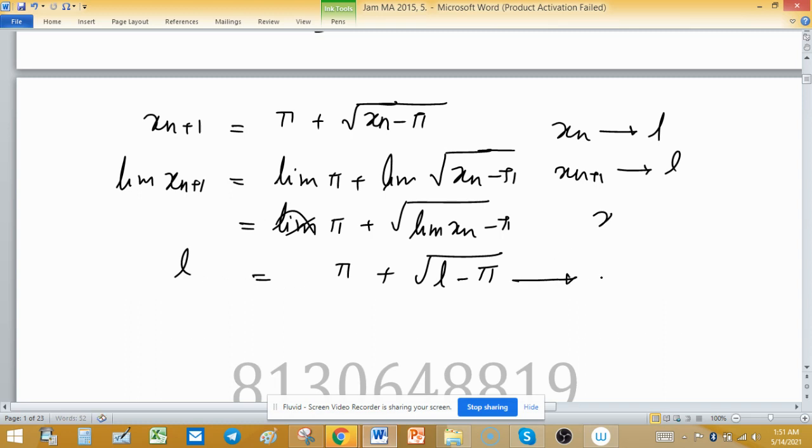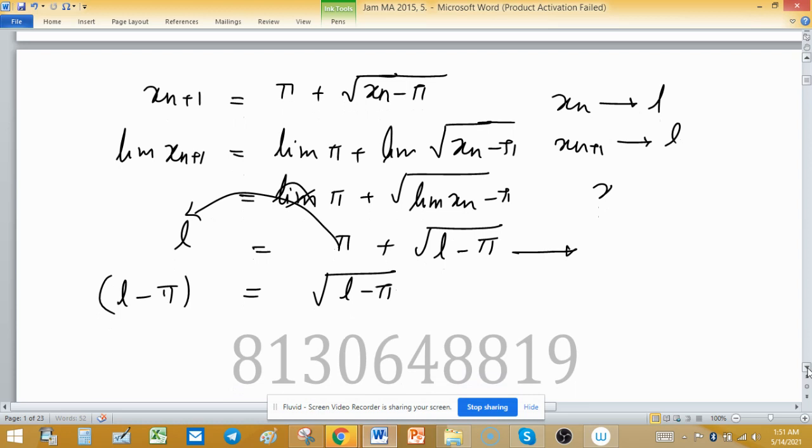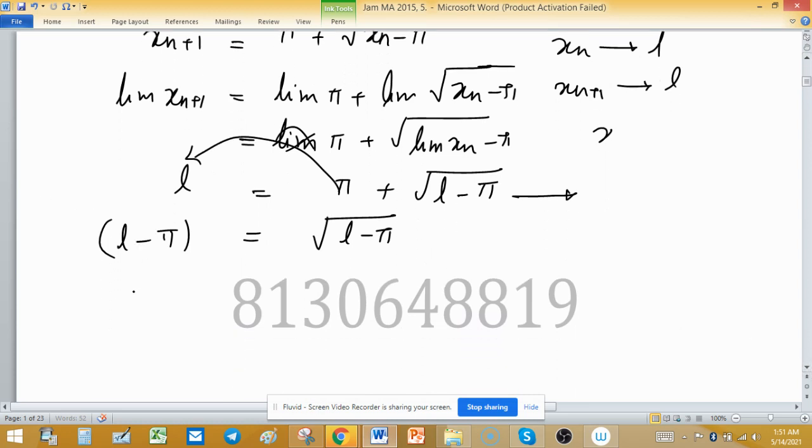So you can solve this expression to find the value of L. This is an equation in terms of L. L equals pi plus the square root of L minus pi, so transpose the pi, and to remove the square root, take the square of both sides. So (L minus pi) squared equals L minus pi.